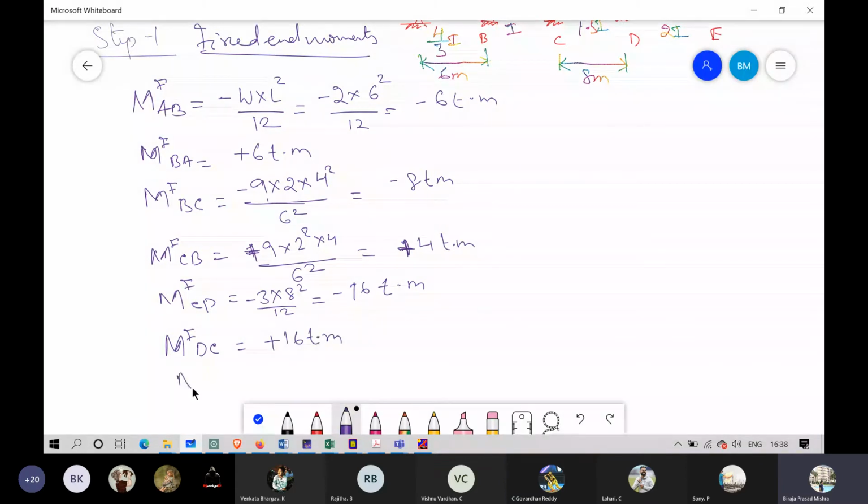Now MFDE equals minus 18 into 4 into 8 square divided by 12 square. So how much is it coming? Please calculate.